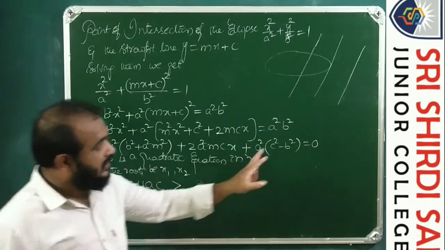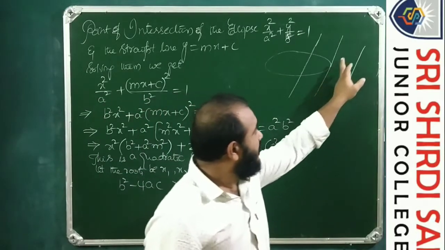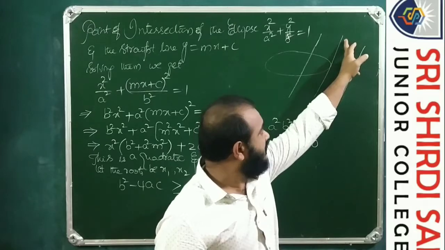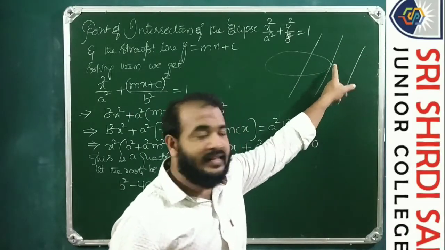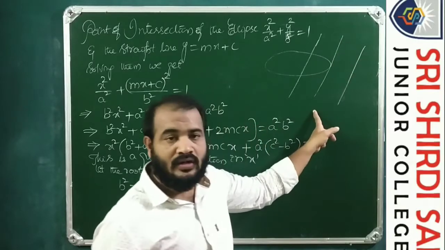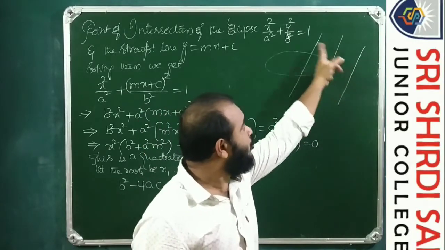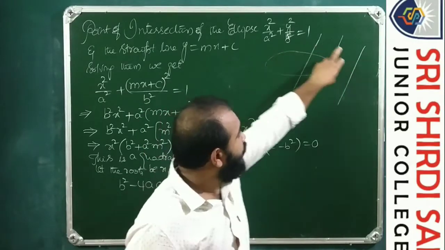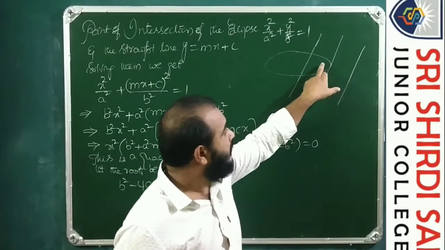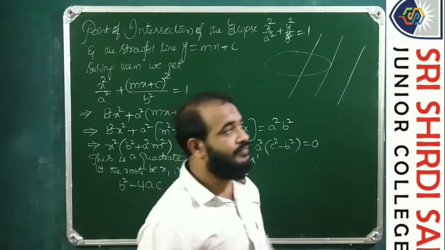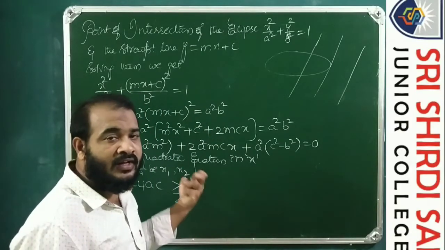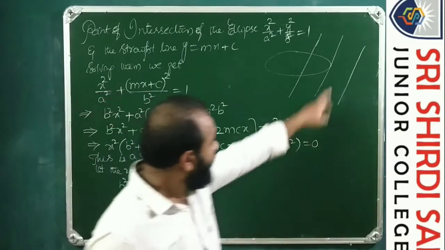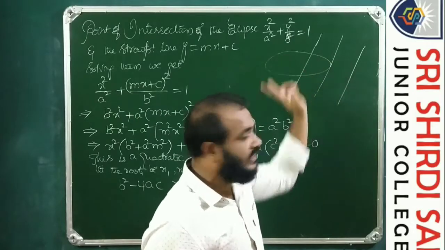If the straight line intersects the ellipse at only one point, then that line is said to be what? A tangent to the ellipse. Therefore, this straight line will be touching the ellipse. So now we will derive the condition for the line to be a tangent to this ellipse.